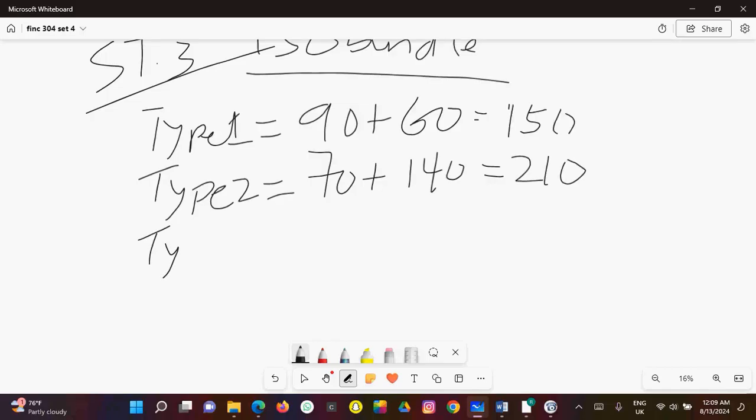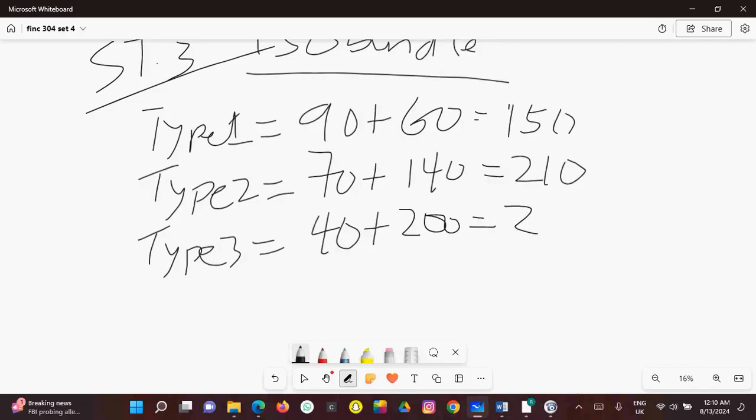Now type 3 is going to give us 40 plus 160, giving us 200. So we can see that if the bundle is 150, type 1 can buy, type 2 can buy, and type 3 can buy.